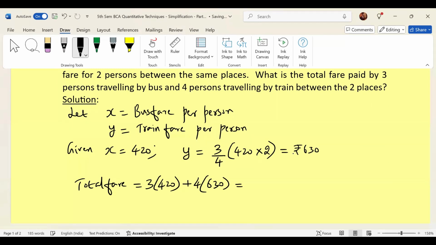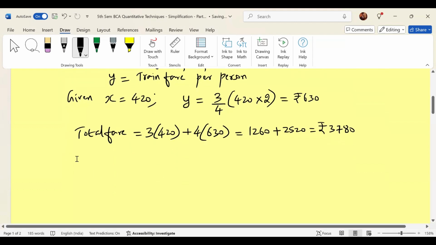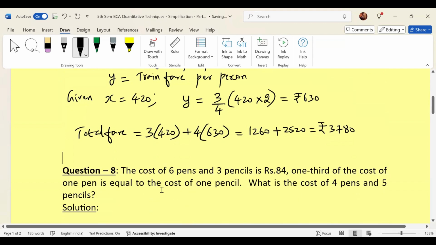So 420 into 3, we get 1260, and 4 into 630, we get 2520. Together, we will get rupees 3780. So that will be the solution for this particular question. Let us move on to the next one.